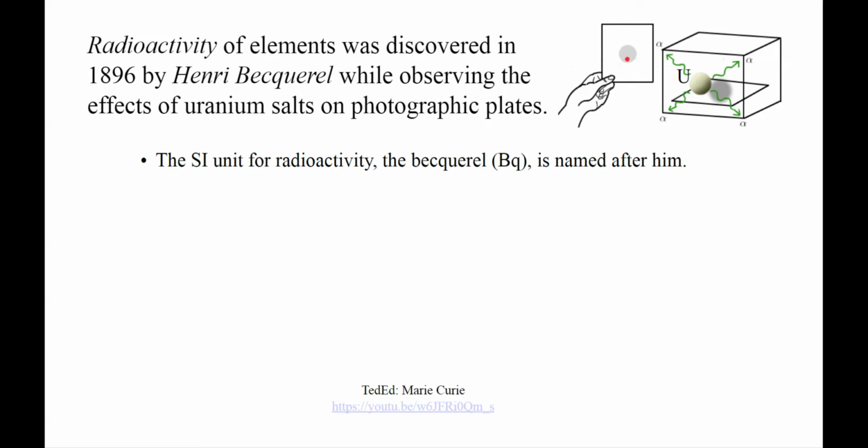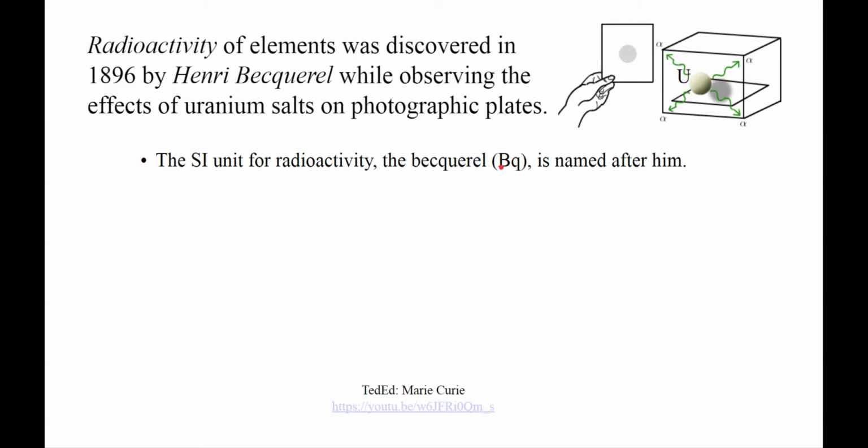If you've ever used an old camera, when you click the button, the shutter opens for just a fraction of a second, and it causes that photo paper to develop. Well, it could somehow make it develop, not even being in direct contact. And so he observed that this uranium compound or uranium mineral was emitting this weird form of energy.